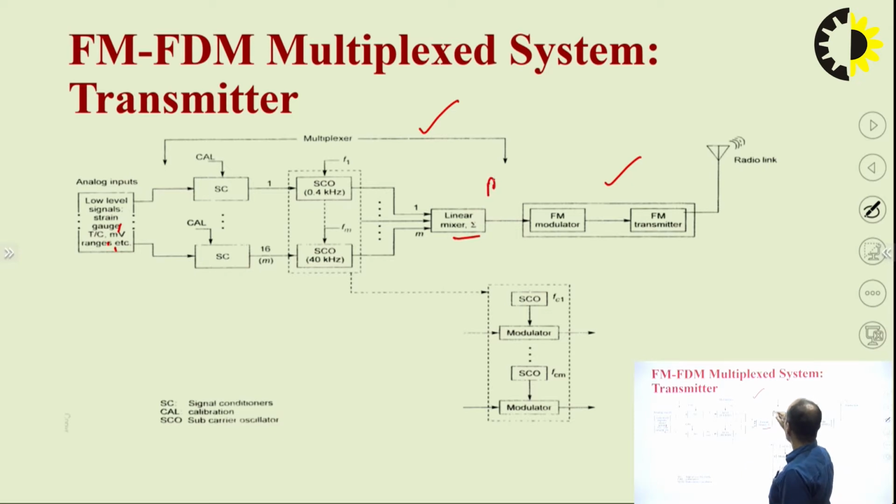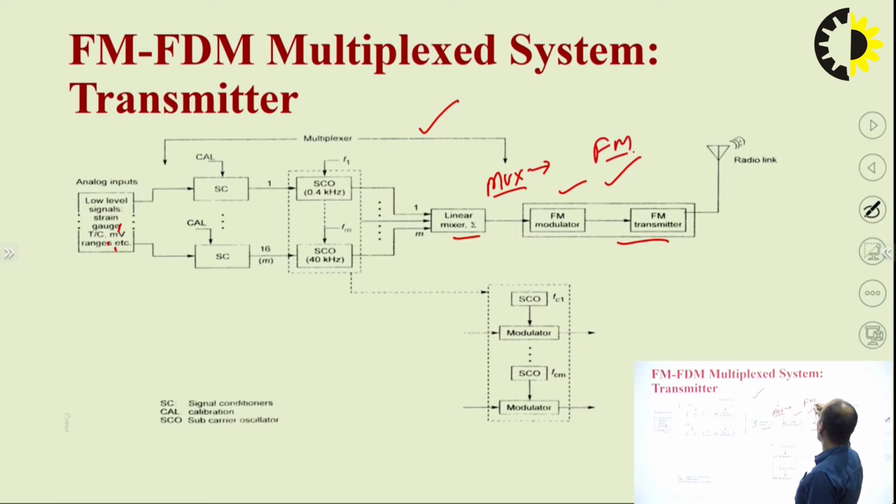Here we will get a multiplex signal, an FDM multiplex signal. Now, this FDM multiplex signal is applied to the FM modulator and FM transmitter, where this multiplex signal is modulated using frequency modulation, and here we will get an FM-FDM signal.